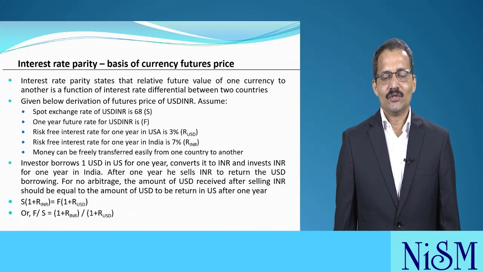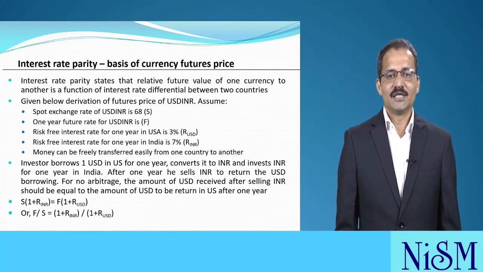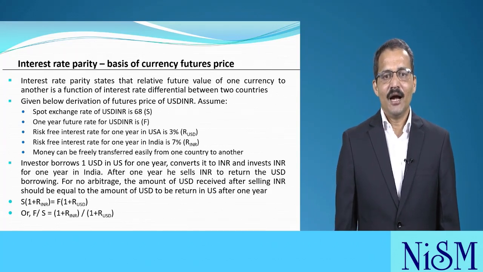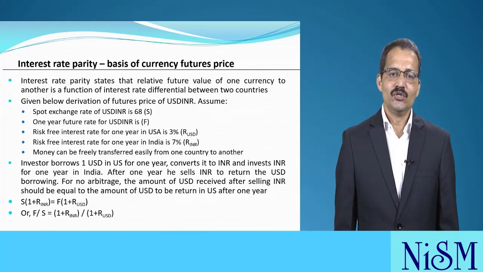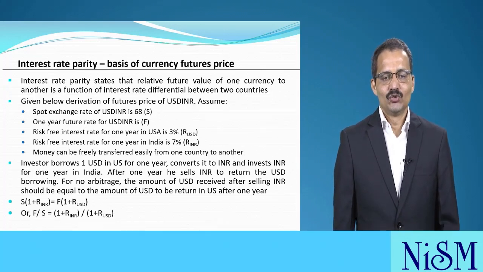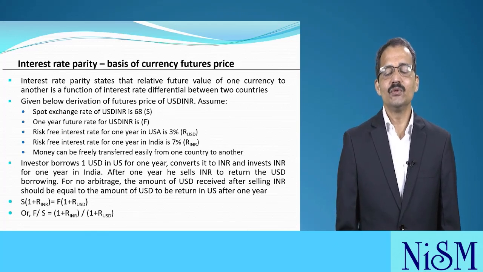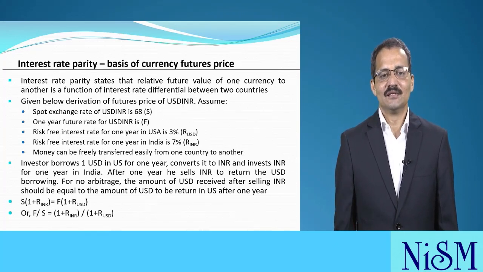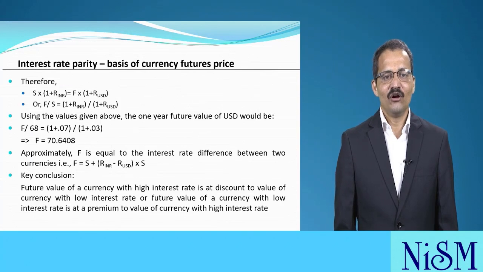That is the amount I get including interest, and now I have to pay in USD 10,300 because the rate is 3%. So if there is no arbitrage, my 74,600 should equal 10,300, and it gives me the value of 70.6408. So my future price, if there is no arbitrage, should be 70.6408.